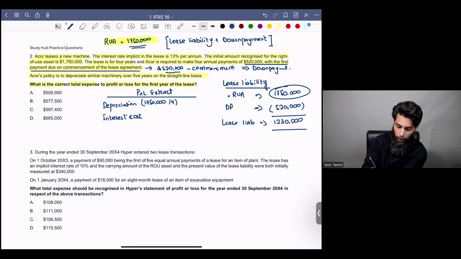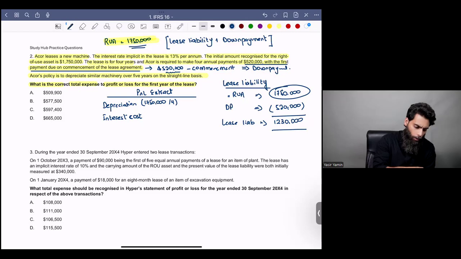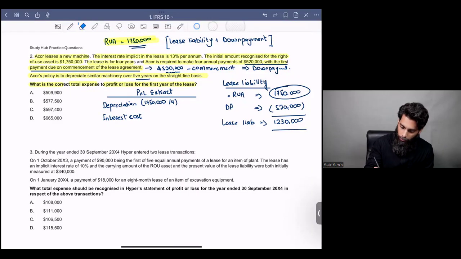So it should be 1,750,000 divided by 4. Is that the correct amount? 1,750 divided by 4. This should be 437,500. Am I correct? Oh, sorry. It's 5 years. I made a mistake. Apologies. 1,750,000 divided by 5. So it is 350,000. Is that what you're saying?